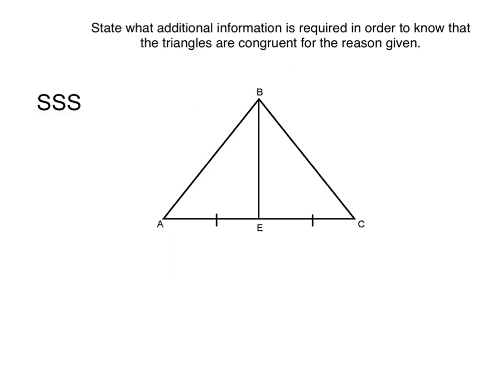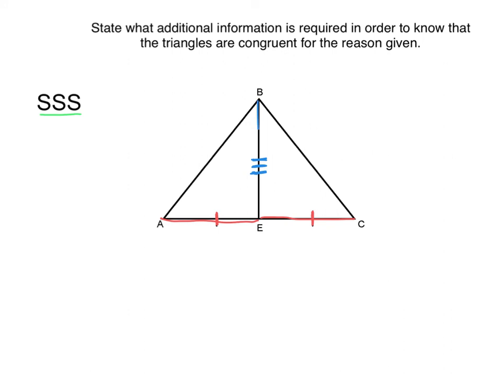All right, last example here. So same thing, I want to state what information I need to prove that it's congruent by SSS. So now let's look at what information I do have. I know that I have congruent segment there and congruent segment there. So I have AE is congruent to CE. And then also consider that these triangles share a side. So that side is congruent to itself.